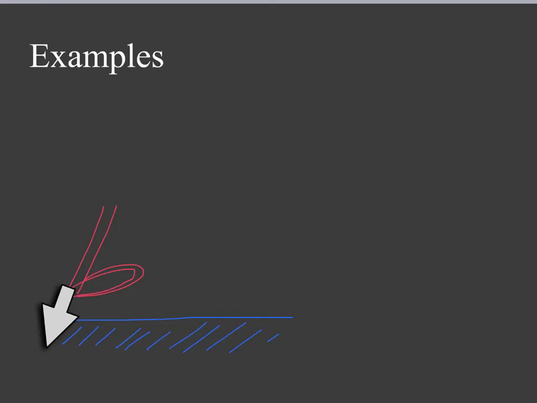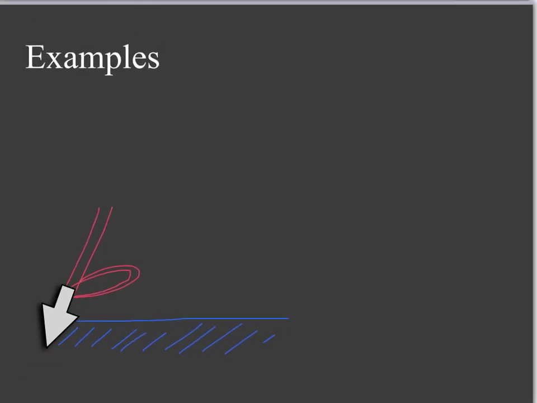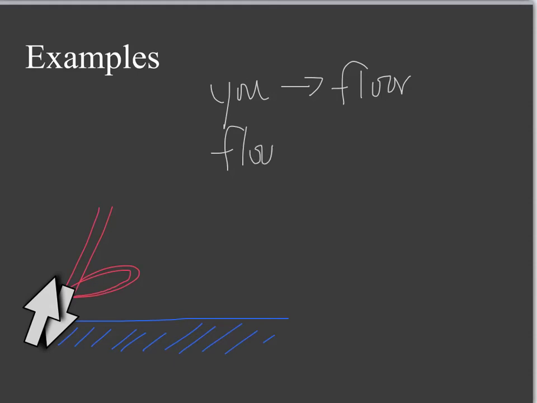And when you push off the floor, the floor will also then push up on you. So we have these equal and opposite forces again. If we write this down, you push on the floor, and the floor pushes back on you. Those are the two forces.